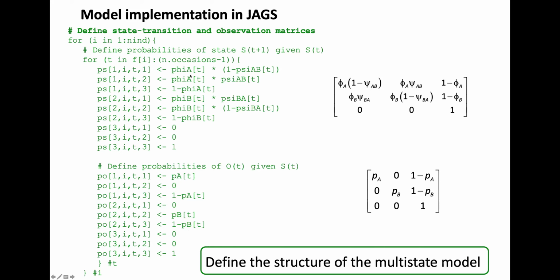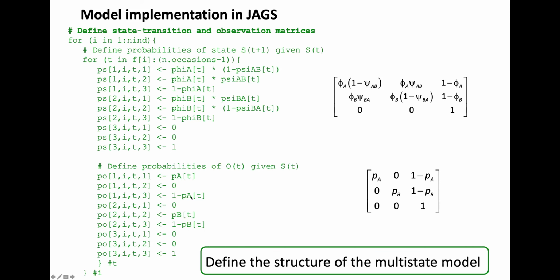And here we say, okay, we want to have the survival and the transition parameters time dependent, right? So we don't have an i index in the survival or in the transition parameters, but we could eventually have it. We could totally have it.